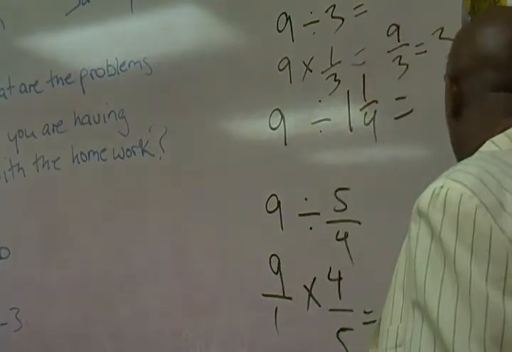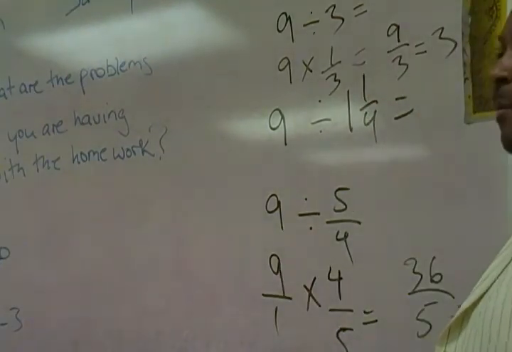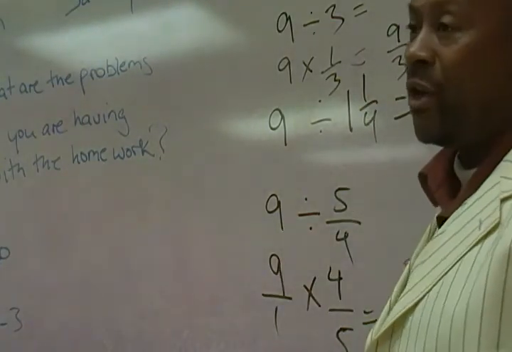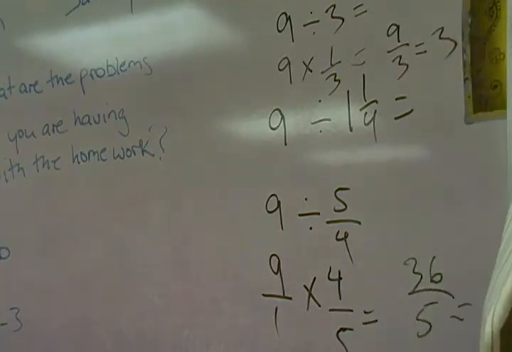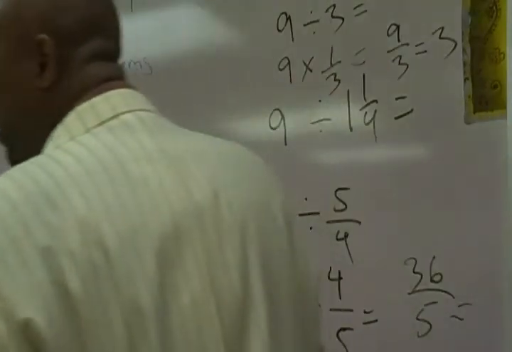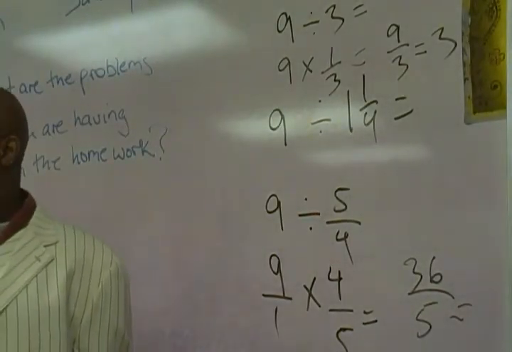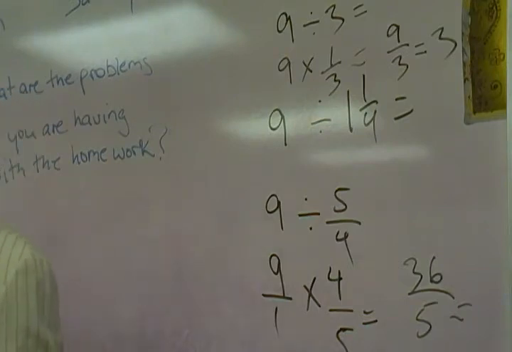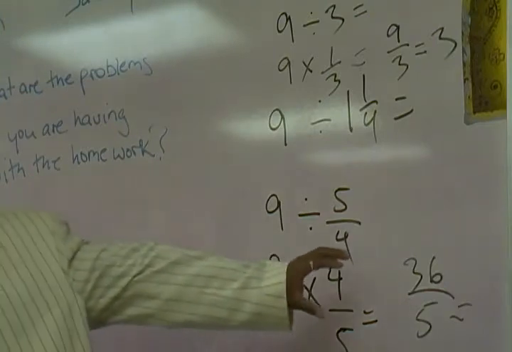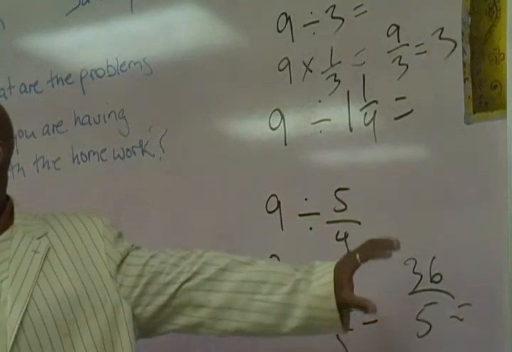Now 36 over 5, we have to convert that, because that's an improper fraction. What can we change that to? Can you take away 36 over 5 like you did yesterday? Oh, no, because if these numbers were closer, I would do that.